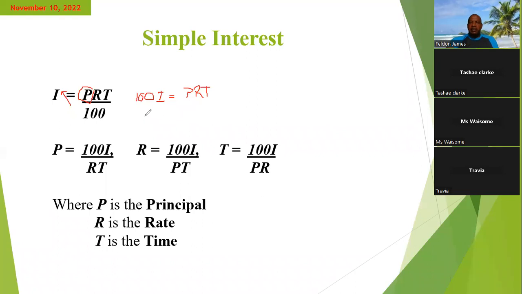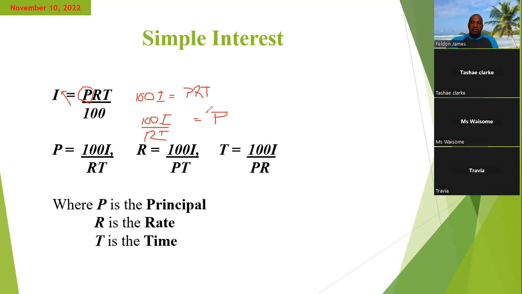So when we do that, we're simply going to have 100I divided by RT. And now on the right-hand side, we are just left with P. Now P is itself on one side of the equation. So now P is the subject.